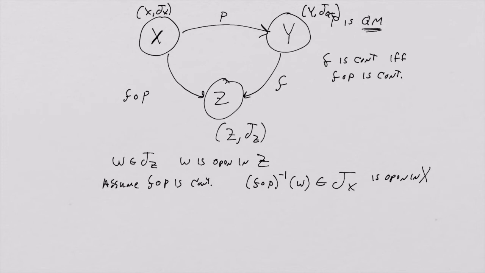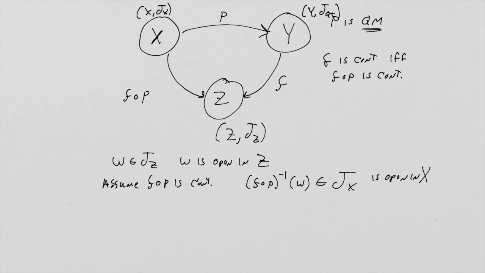So the assumption that this is continuous, by its very definition, means that the inverse takes open sets in the range of the function and gives you open sets in the domain. So therefore, the inverse, f after p inverse, which is a function from Z to X, must take an open set in Z and give you an open set in X. And that's what this statement says. So this statement is really nothing more than the definition of continuity.